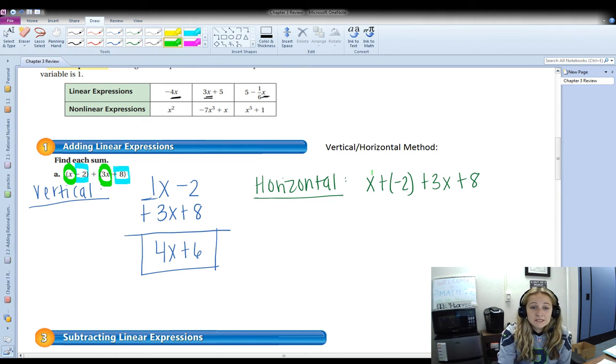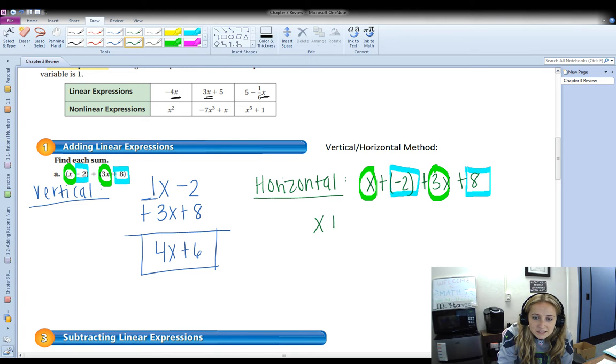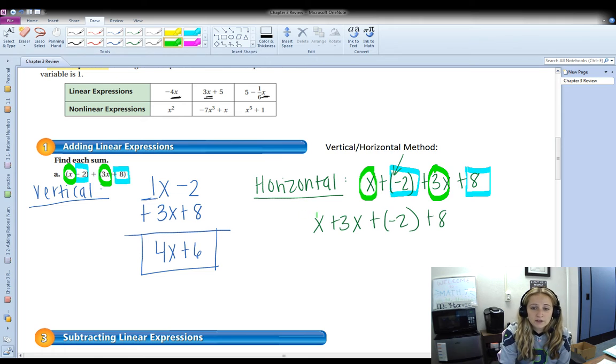Again, we always need to identify our like terms, so I'm going to circle those, and then square the constants. Then I'm going to rearrange so that my like terms are next to each other. So I'm going to do x plus 3x plus negative 2 plus 8. Notice that I did not drop the negative sign that's in front of that 2. You have to make sure to carry it over whenever you're moving things around.